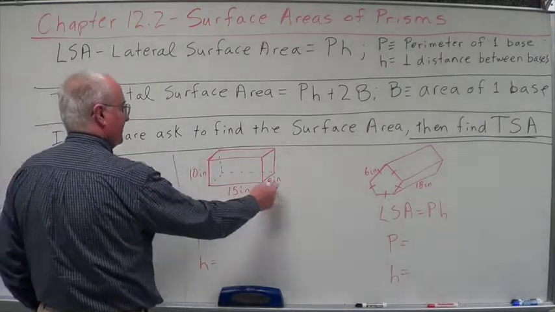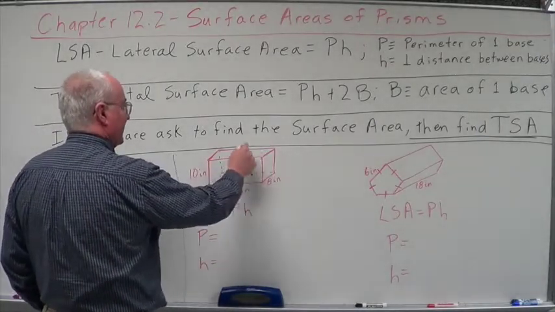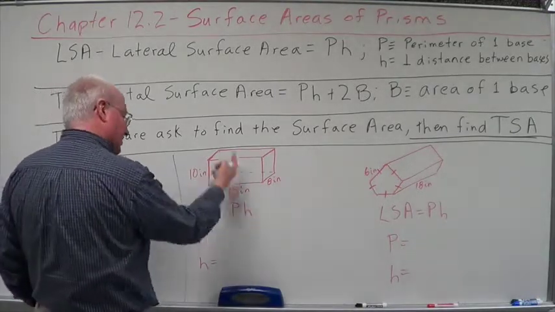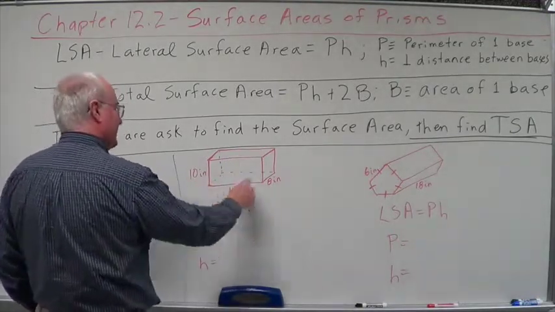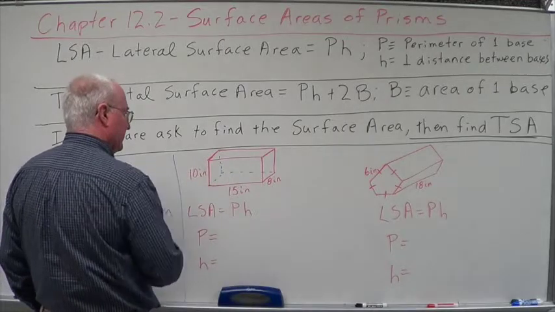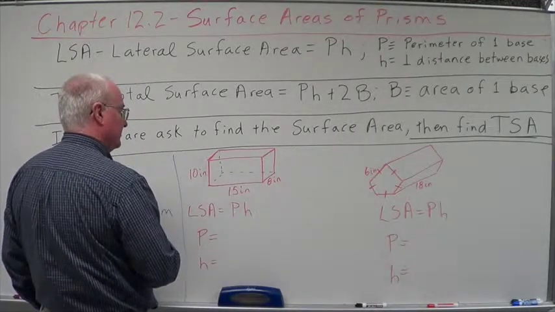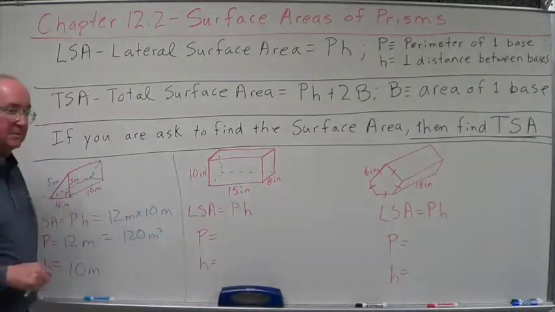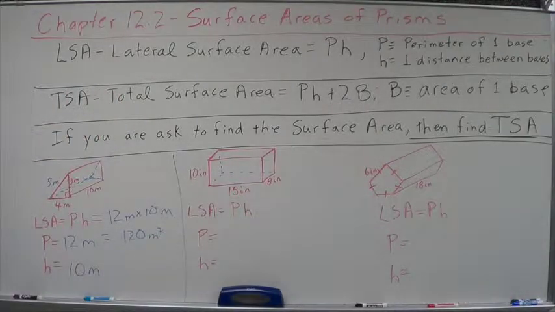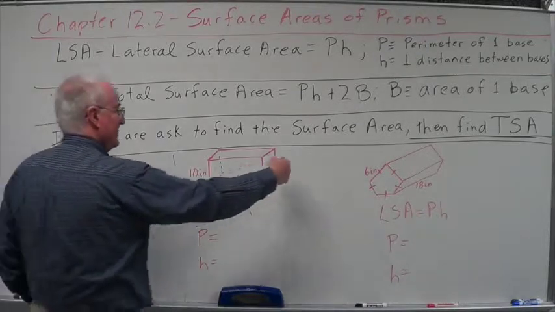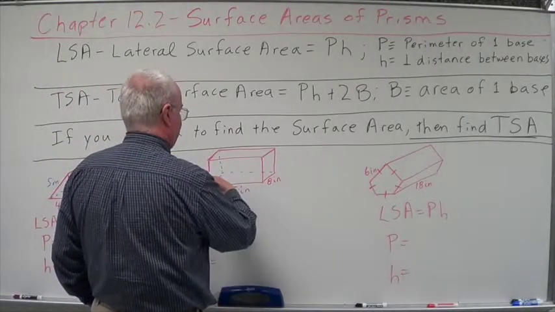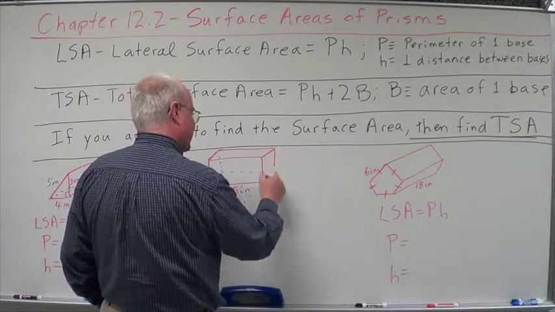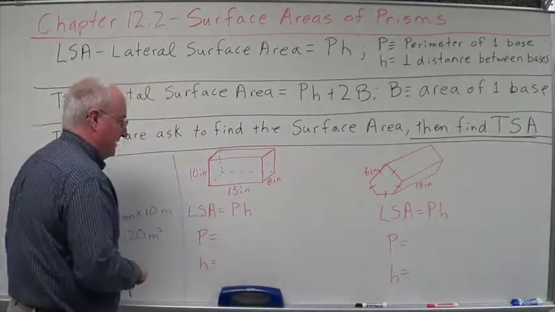I've got a 15 by 8 here, and a 15 by 8 here, so that's a rectangle. I could use those 2. I've got a 10 by 8 here and here. Could use those 2. Or I've got a 15 by 10 front and back. Pick any 2 sides that are the same. I'm going to pick the 2 ends, this end and this end, as my bases.